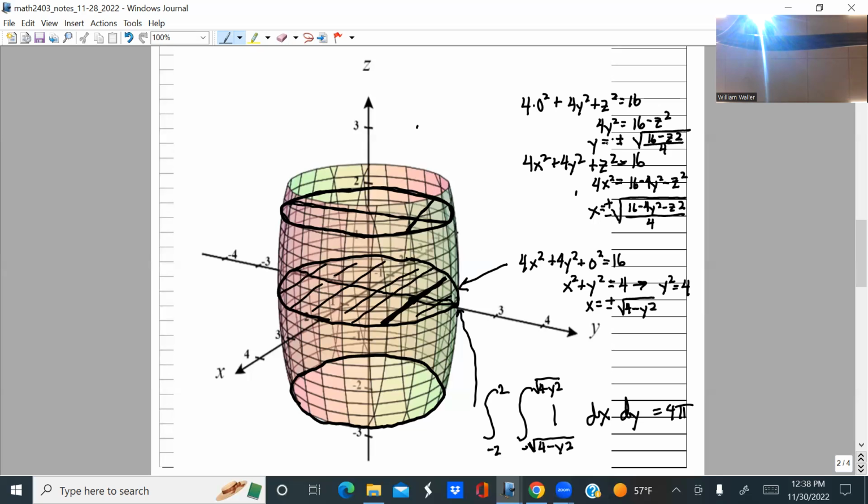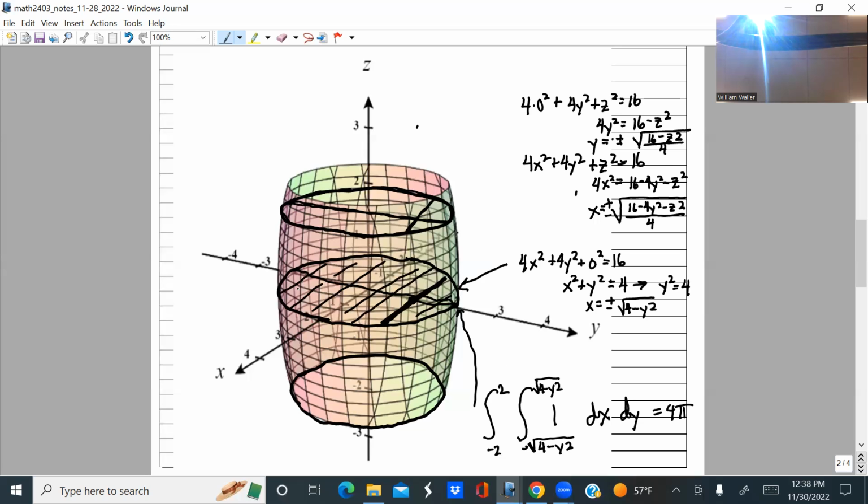So that becomes our second set of limits of integration. Of course, if z is 0, you just get plus or minus the square root of 4, which is plus or minus 2, which is what we had for the disk on the plane.